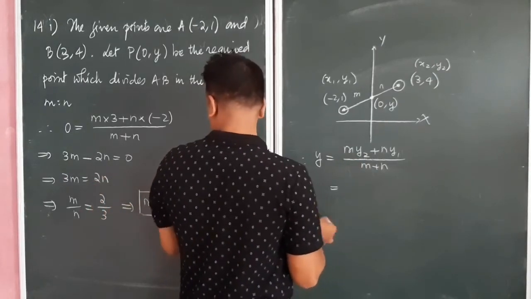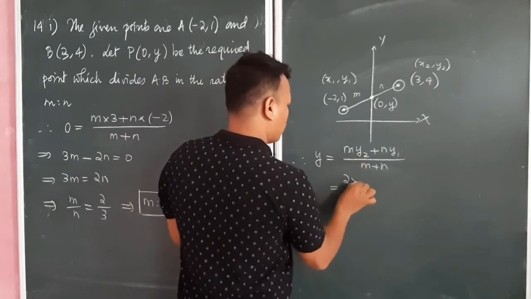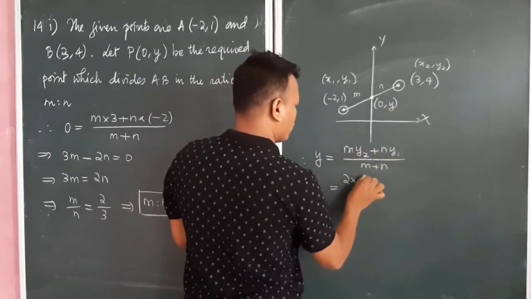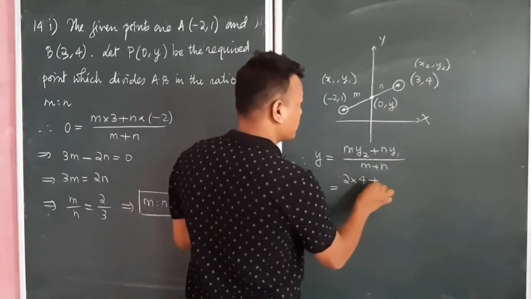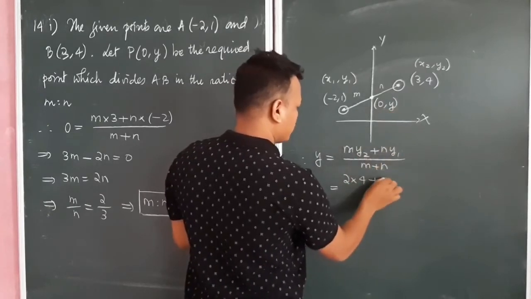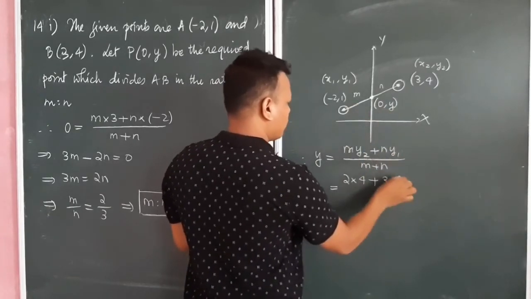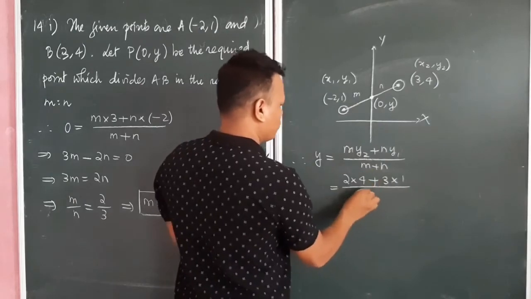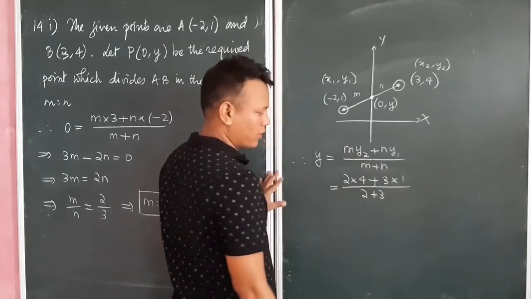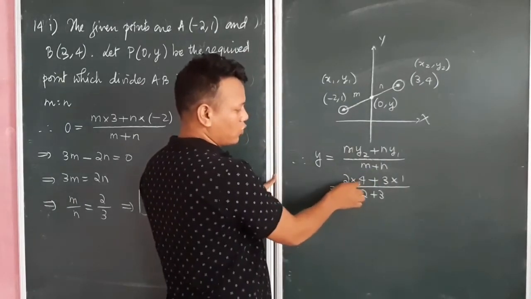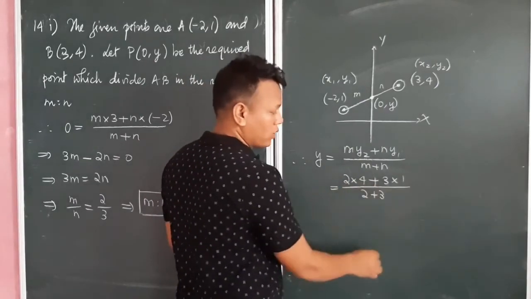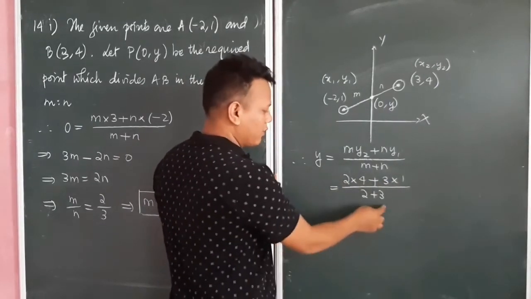So we have m is 2 and y2 is how much? 4, right? Plus n is 3, into y1 is 1, by m plus n, that is 2 plus 3. So quickly simplify this. 2 into 4 is 8, 8 plus 3 is 11 by 5, right?